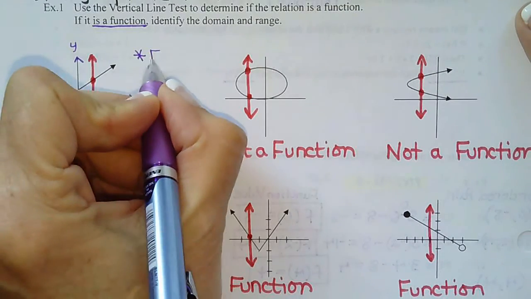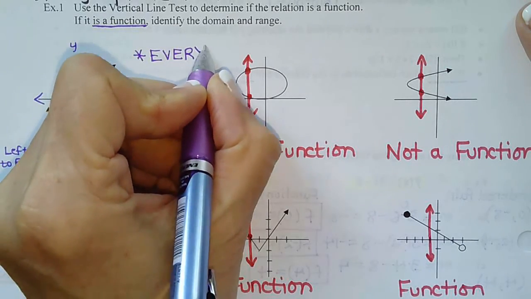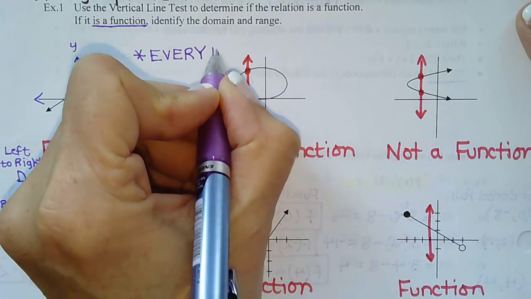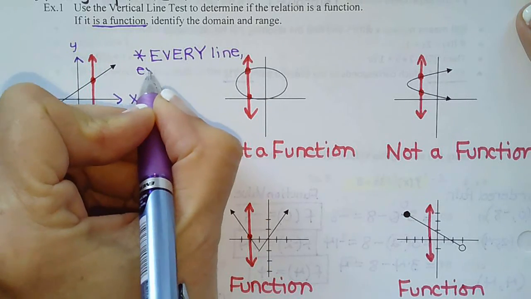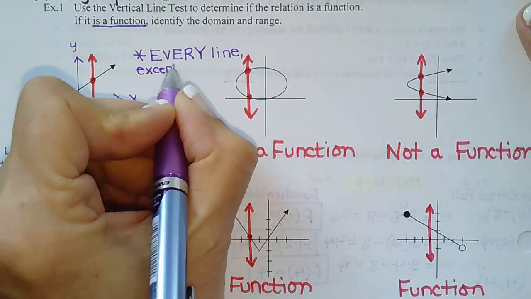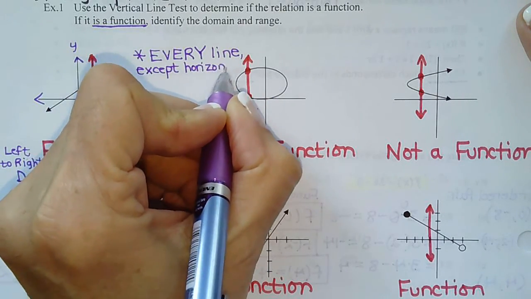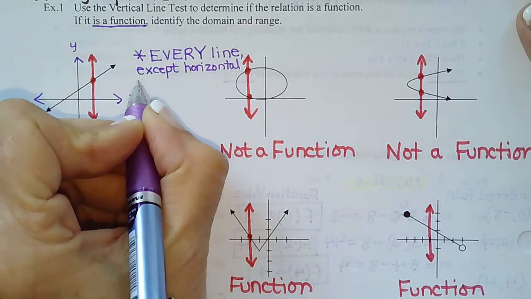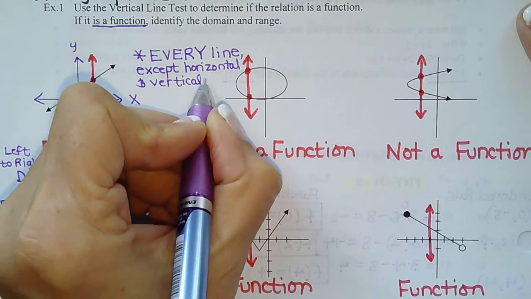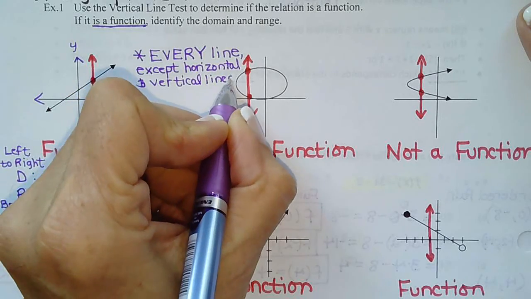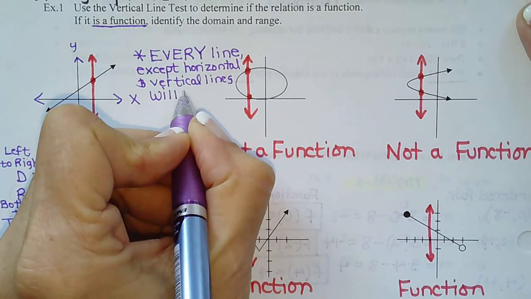So every line except horizontal and vertical will have the same domain and range.